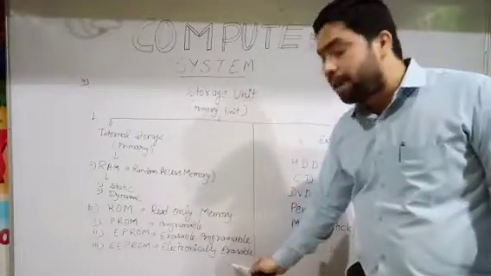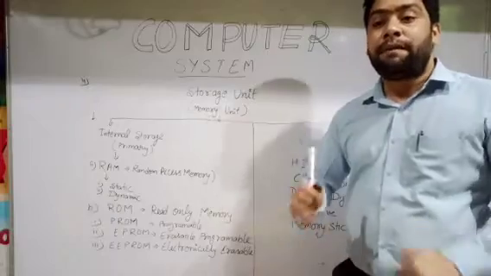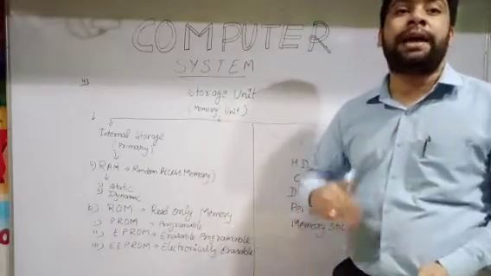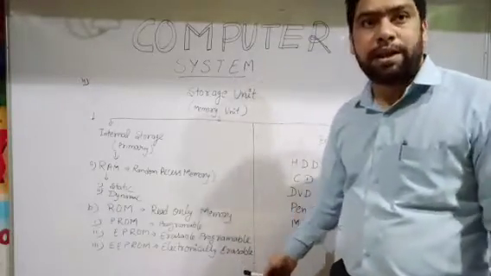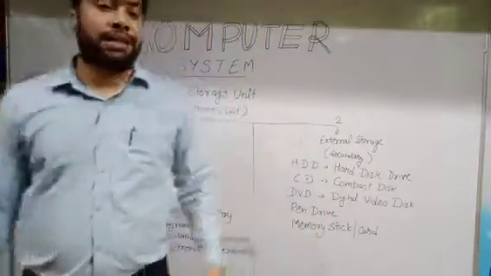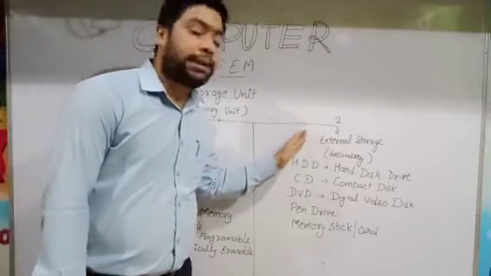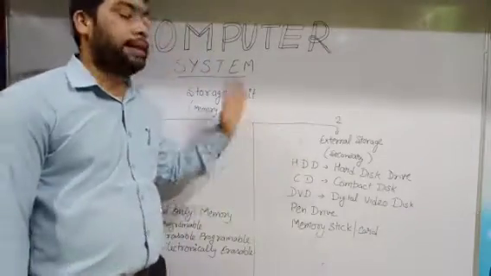In this memory, we erase the whole data. That means we make the system new once again. That is called EEPROM. Now, let's take a glance at our second topic, external storage or secondary memory.